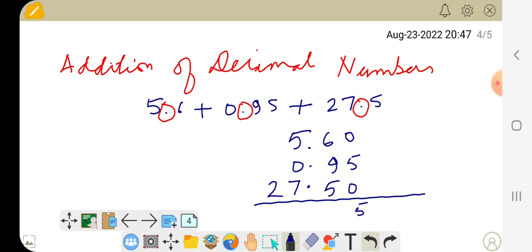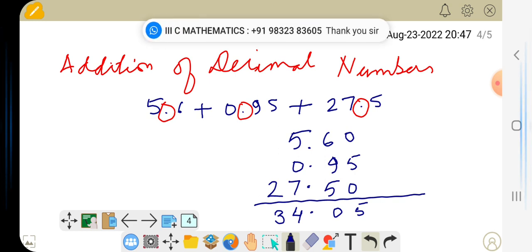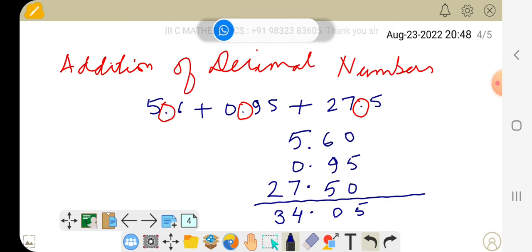So 5 plus 9 is 15, 15 plus 5 is 20, and the point should be here. Now 2 is carried, 2 plus 5 is 7, 7 plus 7 is 14, and 1 is carried, this is 3. So the answer is 34.05.